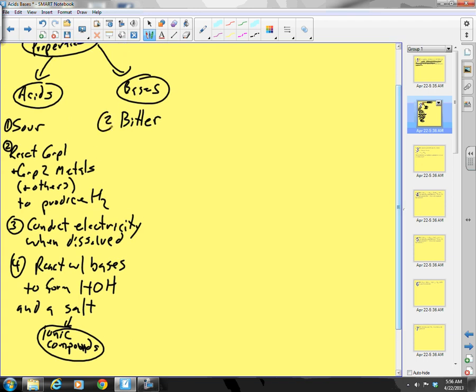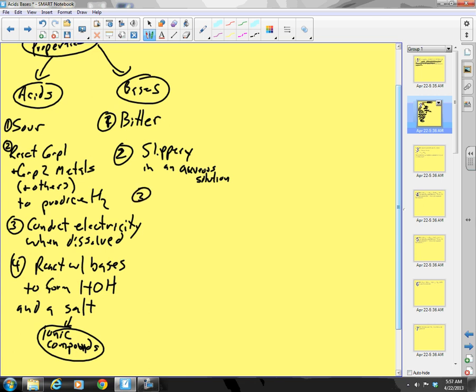Bases tend to be bitter. That's number one. Number two, they are usually slippery in an aqueous solution. So when they are dissolved in water, bases tend to feel slippery.